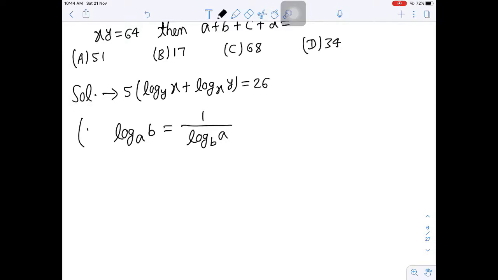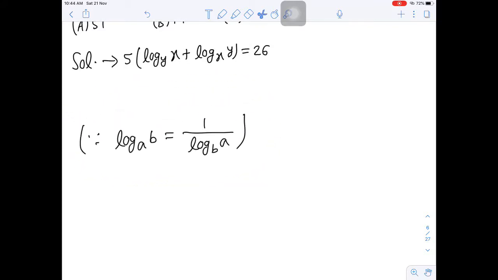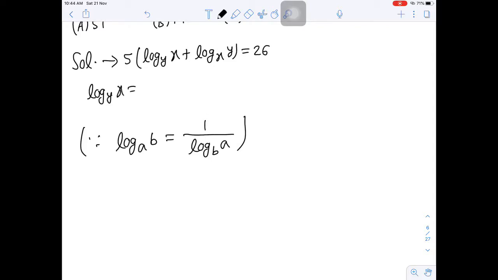So log x base y would be the reciprocal of log y base x. Suppose you take log x base y as t, then the other one, log y base x, will become 1 by t.